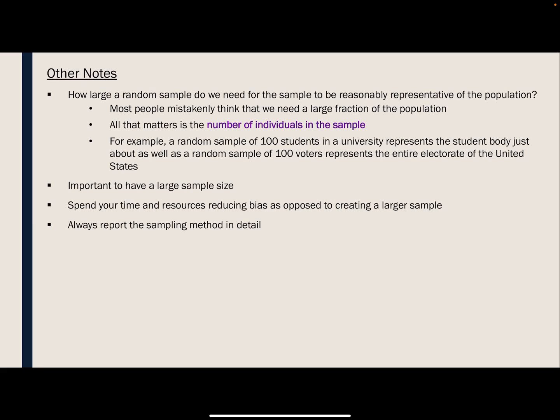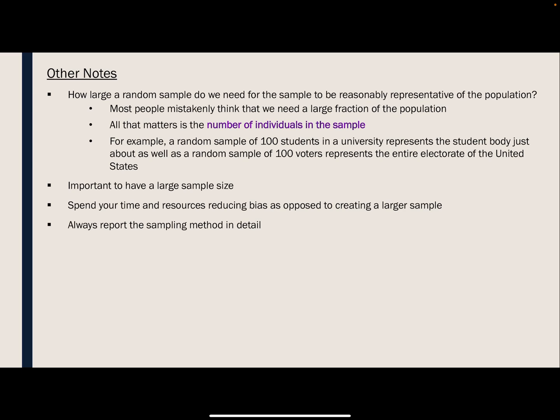But that's not actually the case. You could have a sample size of 100, and if it's representative and unbiased, that sample could be from a population of, say, 10,000 students or 300 million voters. If it's representative and unbiased, it's a good sample.